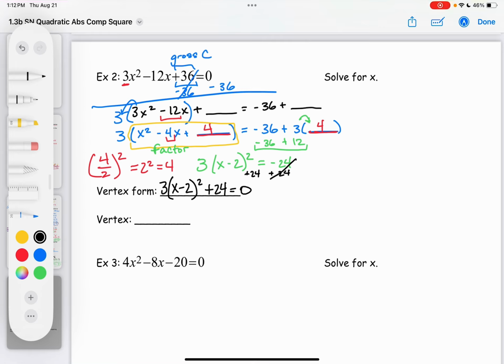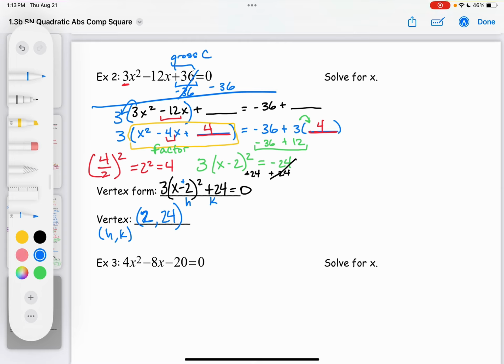And so when I look at this and I get my k value and my h value, I have a vertex located at 2. And why is it positive? Because I'm subtracting a positive 2. And at 24. 2 and 24 would be my vertex.